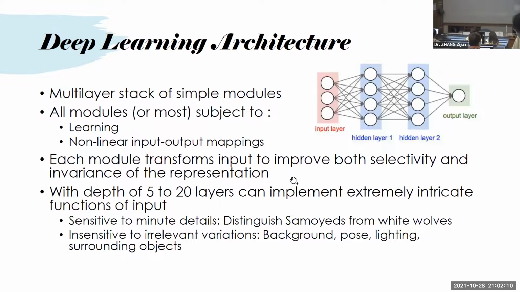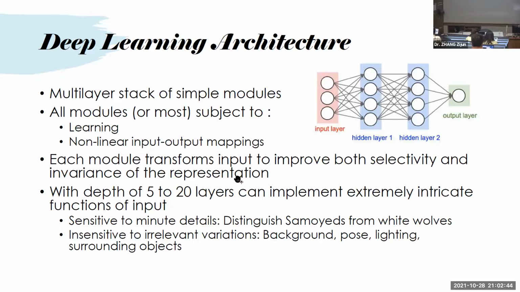Okay, let's continue our introduction of deep learning today. One typical deep learning architecture is to stack multiple layers of single modules, and all those modules are utilized to learn nonlinear input to output mappings.